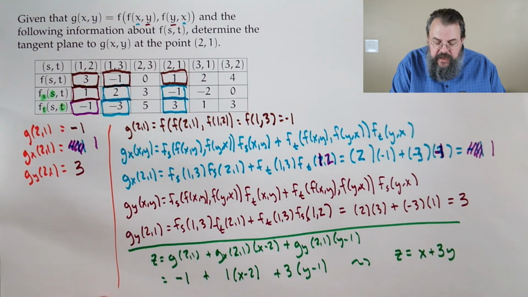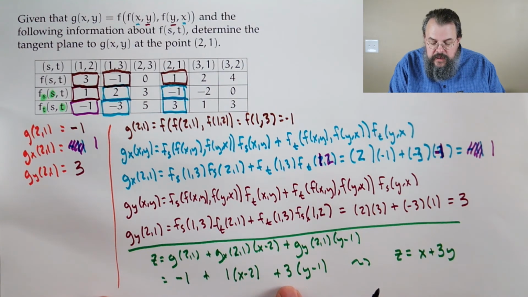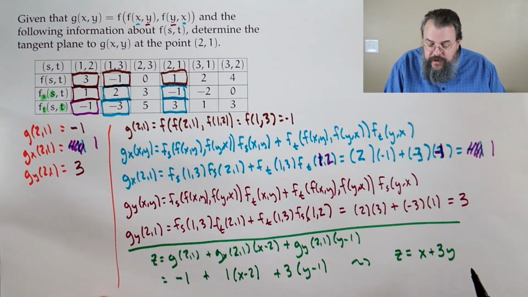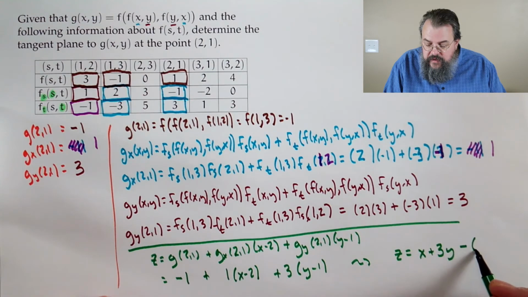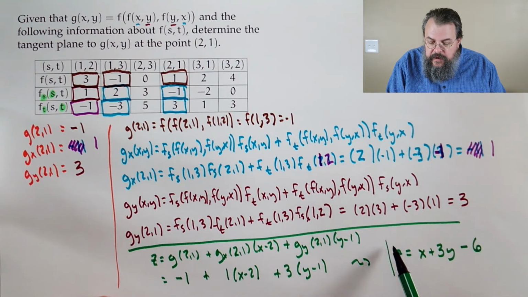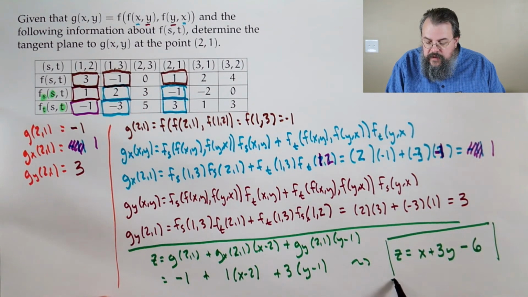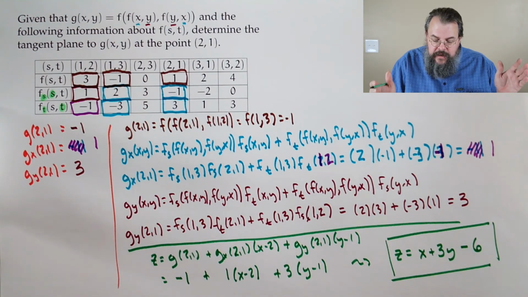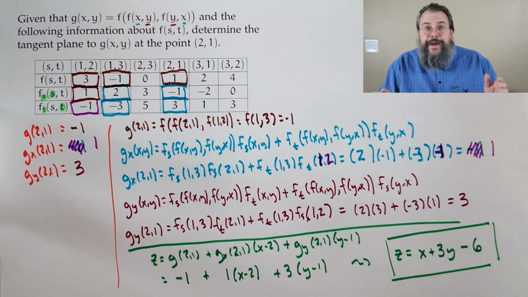And then let's see, we have a minus 1, a minus 2, and a minus 3. So minus 1, minus 2, minus 3, put them all together, minus 6. And that's it, right? Yeah, that's it.